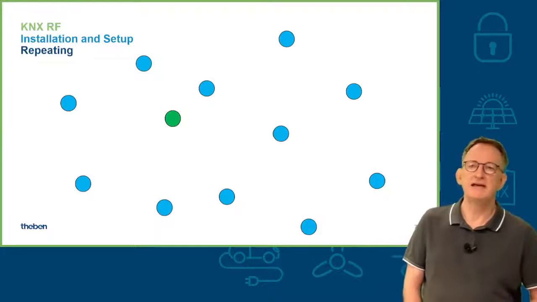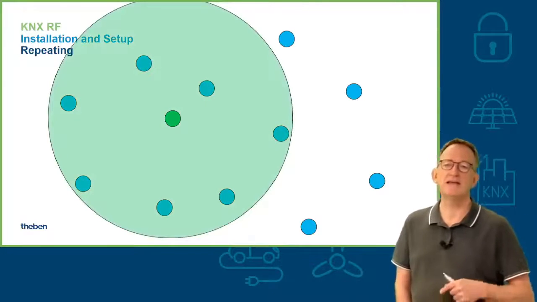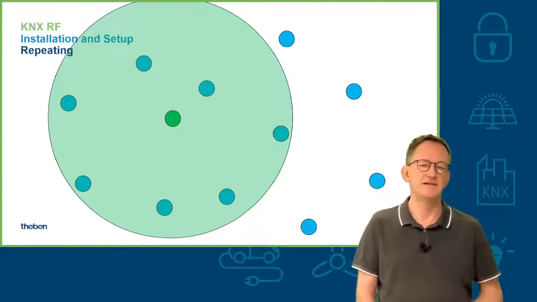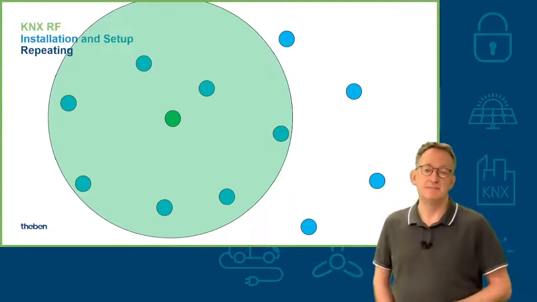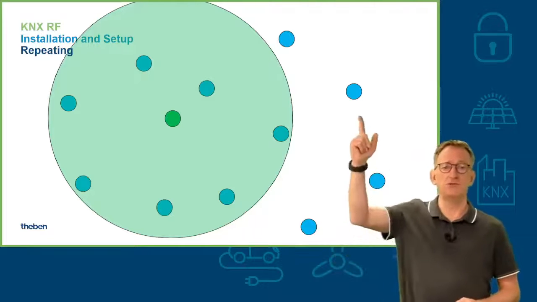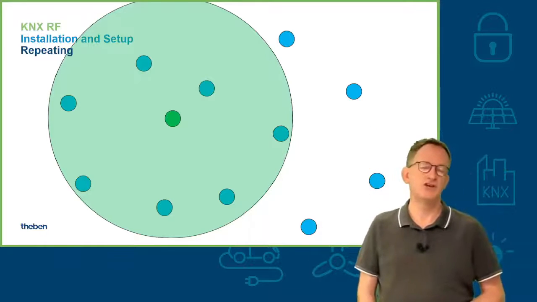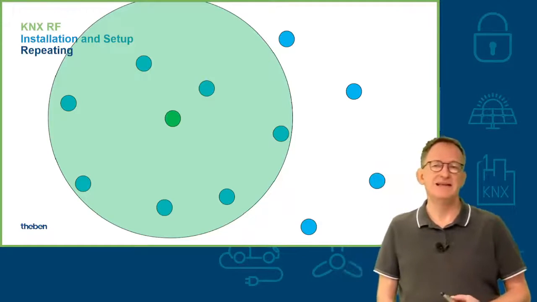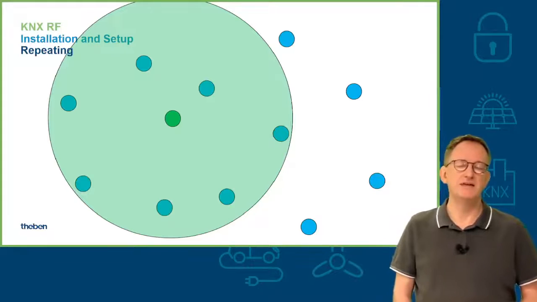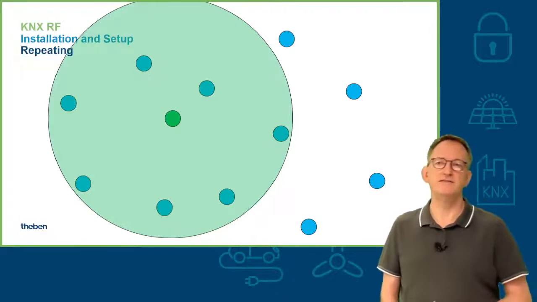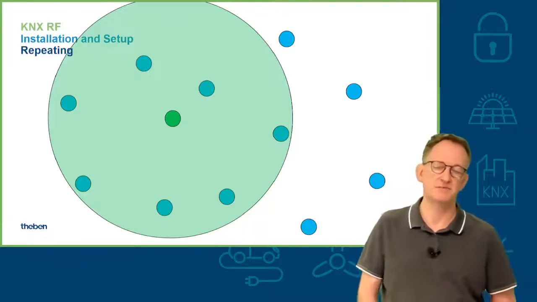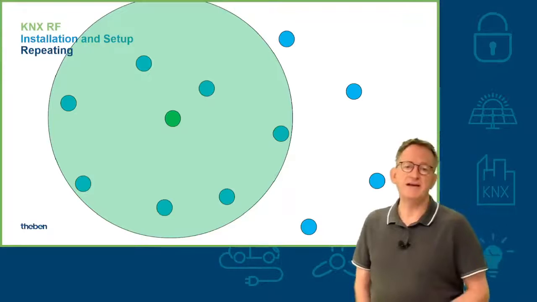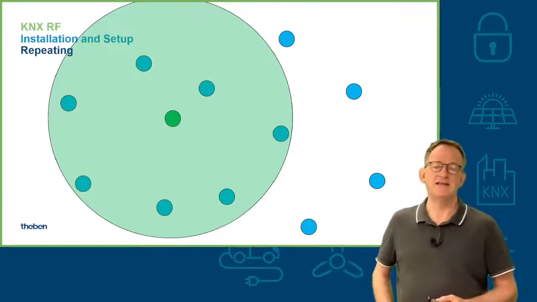The media coupler has a specific range where he can send and where its telegrams will get received by the devices. But unfortunately, a few of the blue dots are just outside of that range. That means they will not receive telegrams, and they cannot send telegrams back to the media coupler. It will not work. So we have to find a way to extend that range.